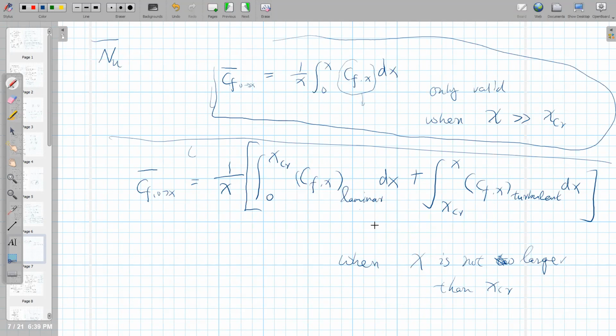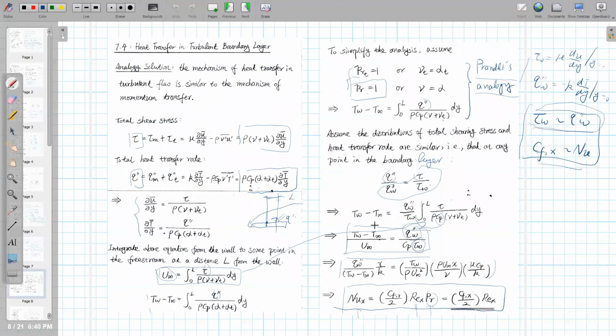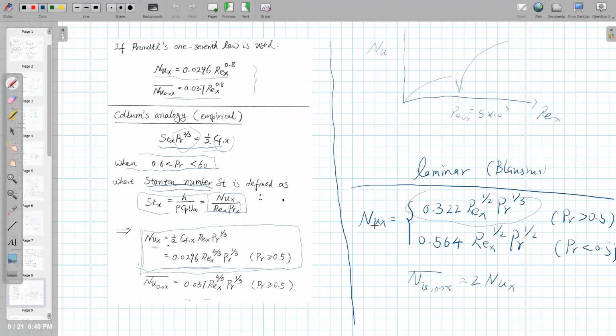So this is another thing I want to mention. Similar things apply when you calculate this Nusselt number. You have this turbulent Nusselt number, and when you get the average Nusselt number, basically you're just integrating based on this one. This value is not accurate if you want to consider the laminar part.